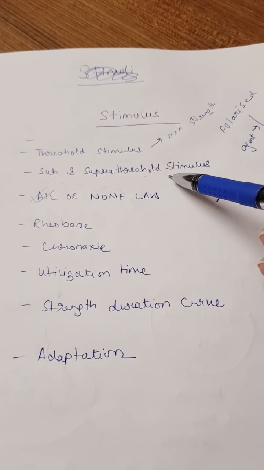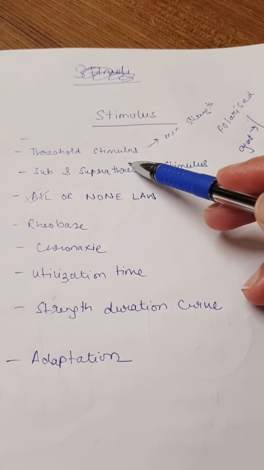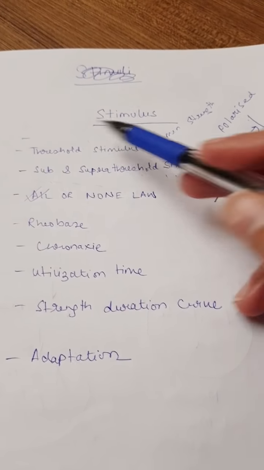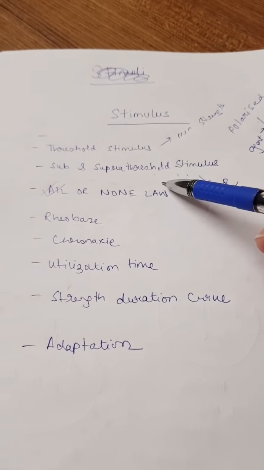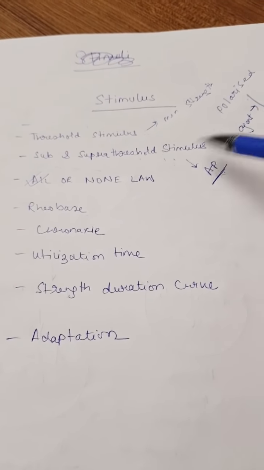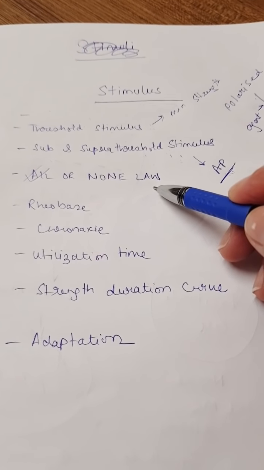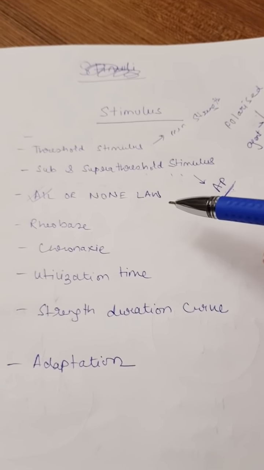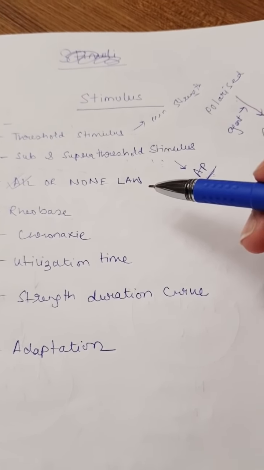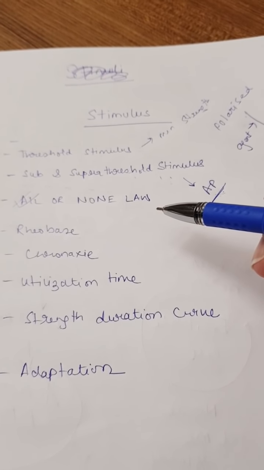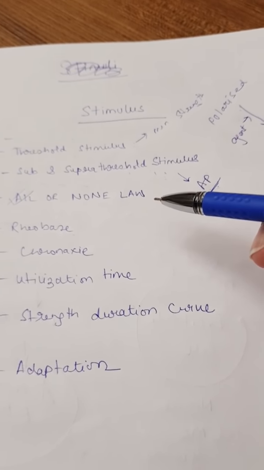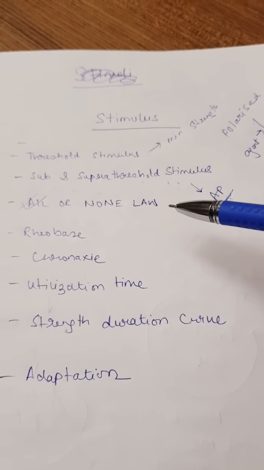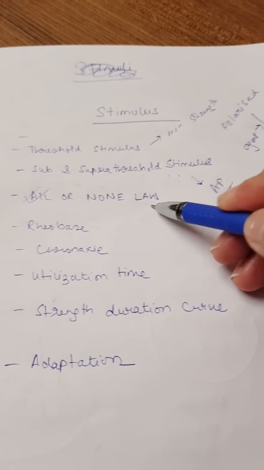For a supra-threshold stimulus we will get the same AP of the previous magnitude. So increasing the threshold stimulus to a supra-threshold stimulus will not change the magnitude of the AP. This is known as the all or none law. Action potential fails to occur if the stimulus is of sub-threshold intensity and it occurs with constant amplitude and form regardless of the strength of the stimulus if the stimulus is at or above the threshold. Okay, so this is the all or none law.